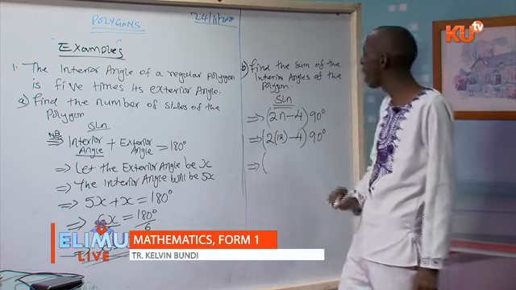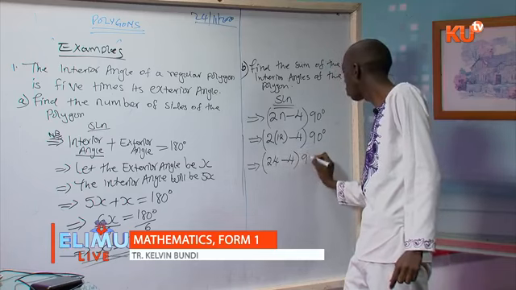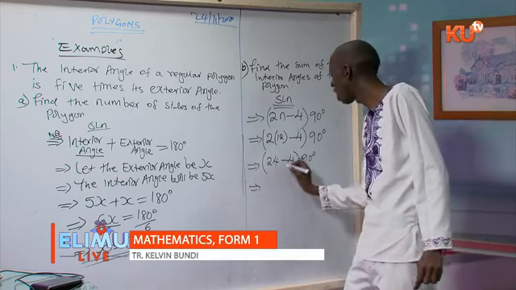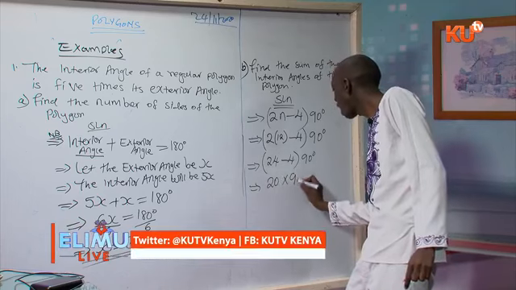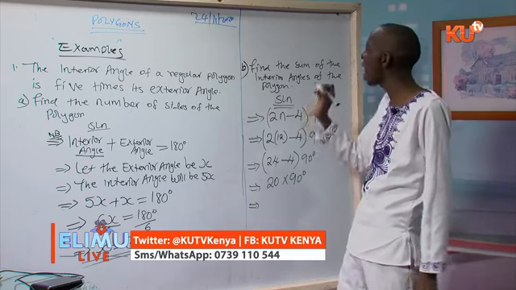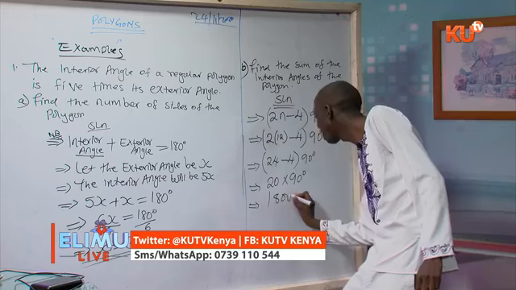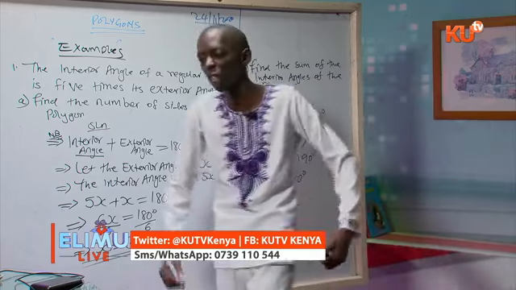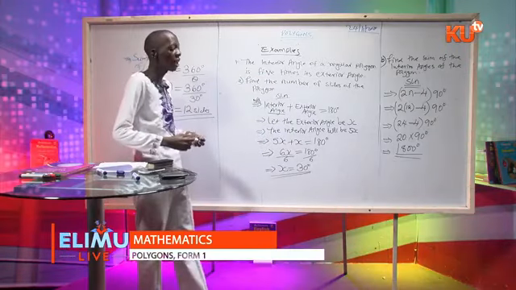Then 2 multiplied by 12 is 24, minus 4, everything multiplied by 90 degrees. 24 minus 4 is 20. 20 multiplied by 90 degrees, and you'll get that the sum of the interior angles of the polygon is 1,800 degrees. And you finish and you go to the next question. It is as well understood. It's a very simple area.